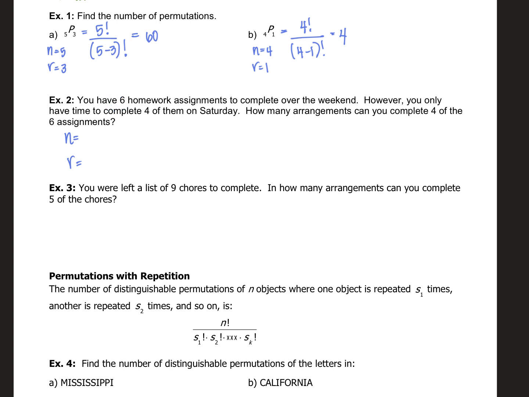I have 6 total homework assignments that need to be done. So that's my n. Now how many can you likely complete? What is the actual number that you can complete? 4. The actual number of homework assignments that we can complete is 4. So again, here's my total, and then the actual that I can get done.